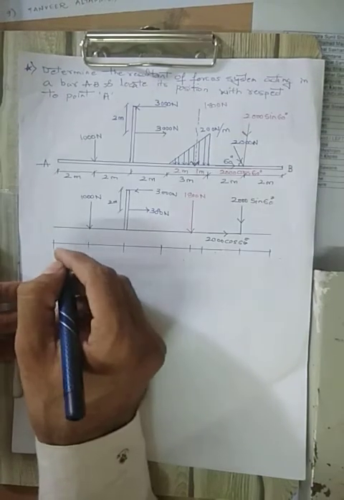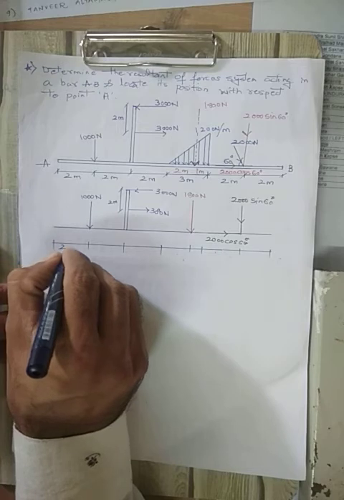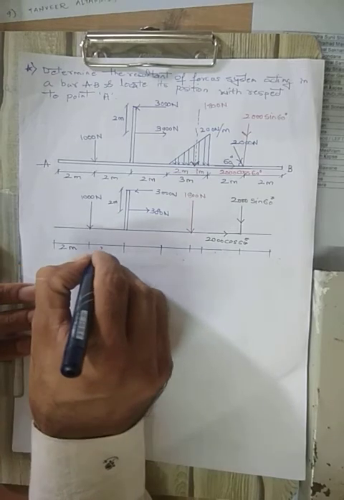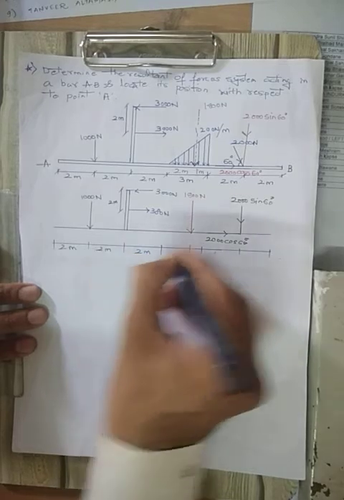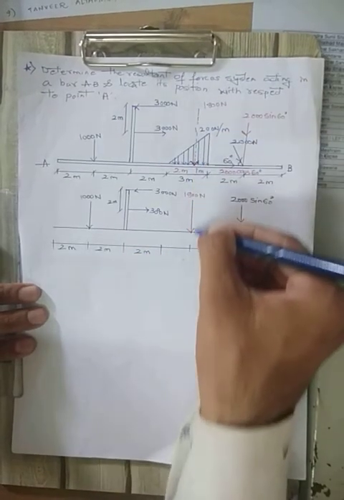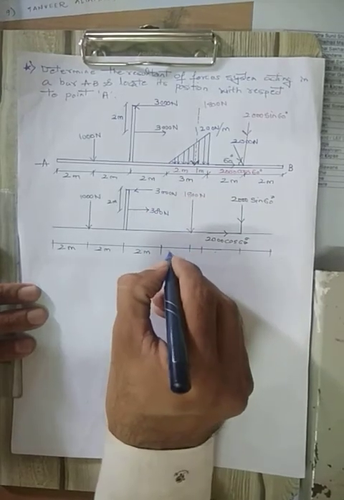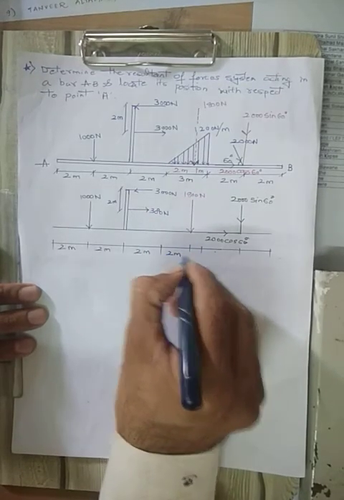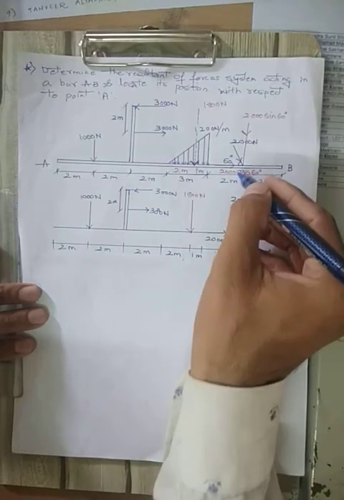Distances are very important. This distance is as usual 2 meters, and this 2 meters is as usual 2 meters. What about this? The 3 meters has been converted to 2 meters and 1 meter. What about this 2?